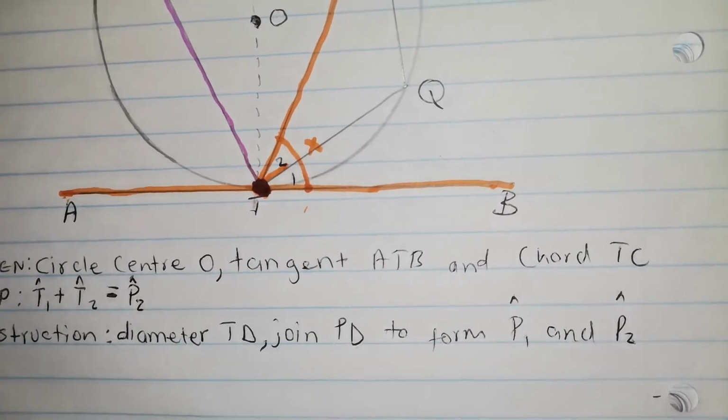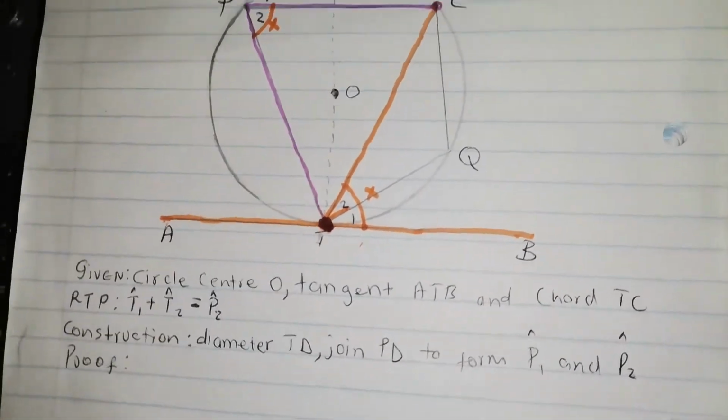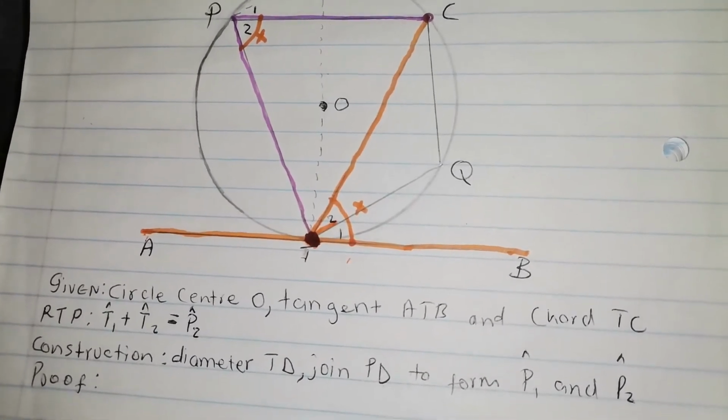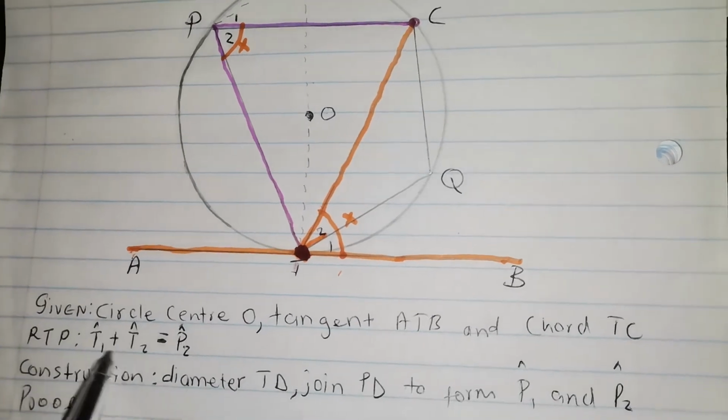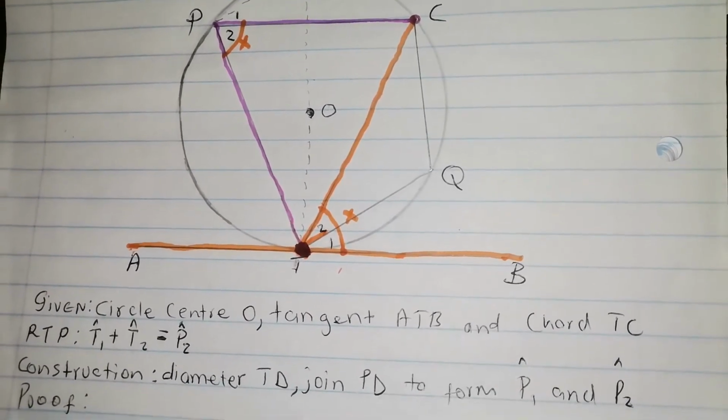Then let us prove. Okay, proof. Now let us check. Remember, we must prove angles that are related to T1 plus T2 and angle P2. So we must just choose those angles that are related.